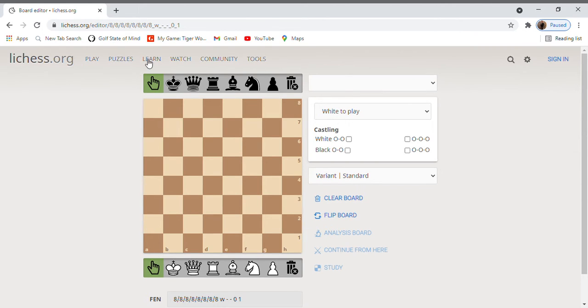So this whole thing is the A file, then B file, C file, D file, E file, F file, G file, H file. And then there are numbers 1, 2, 3, 4, 5, 6, 7, 8. So this would be the first, second, third, fourth, fifth, sixth, seventh, and eighth.